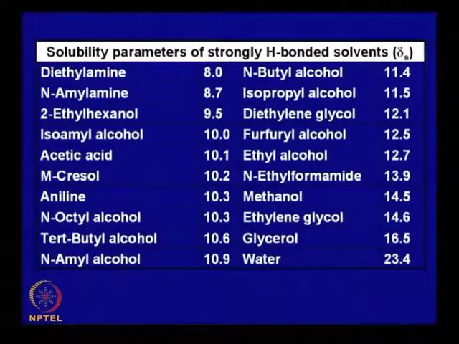That can be calculated, or from the molecular point of view, from the chemical nature point of view, one can see it in terms of cohesive energy density or solubility parameter values. So, you have seen the solubility parameter values of poorly hydrogen bonded solvents, moderately hydrogen bonded solvents and strongly hydrogen bonded solvents.